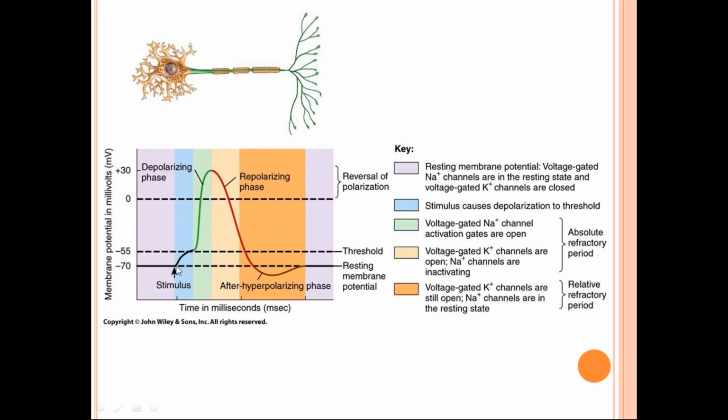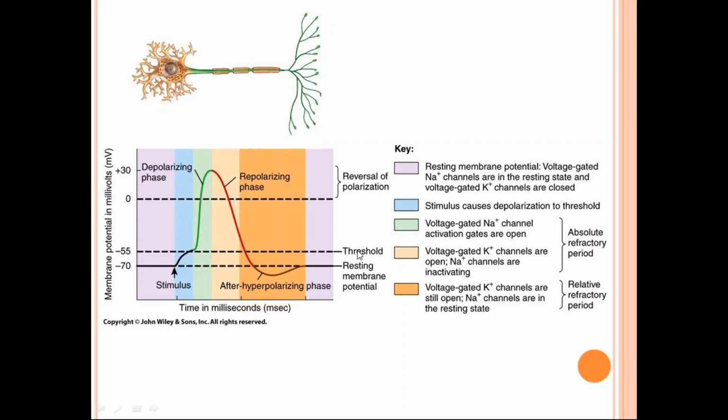So here we are at minus 70. We're a resting neuron. So mom's sitting in the living room. Okay? And then Stewie, mom, mom, mom, mom, mom, mom. That's a graded potential. If he bugs her enough, it gets it to something called threshold. Okay, so you get to minus 55.